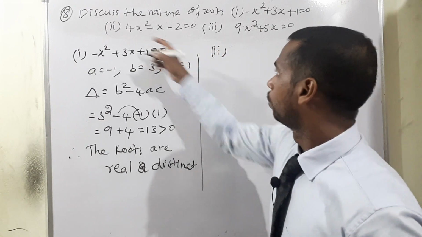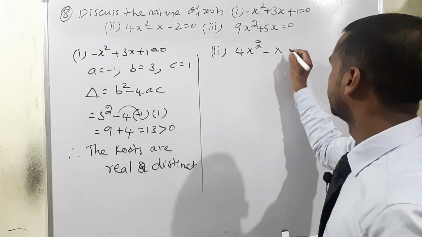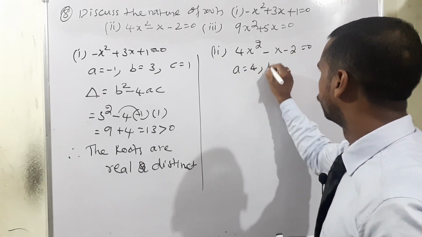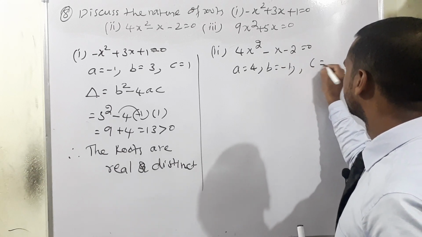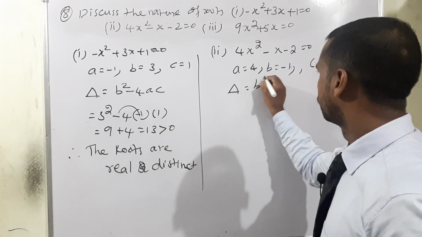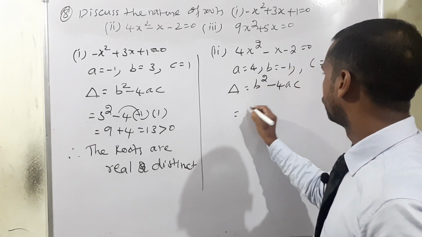Condition 4x square minus x minus 2 is equal to 0. So, a is equal to 4 and b is equal to minus 1, then constant c is equal to minus 2. Again discriminant b square minus 4ac. b is equal to minus 1.